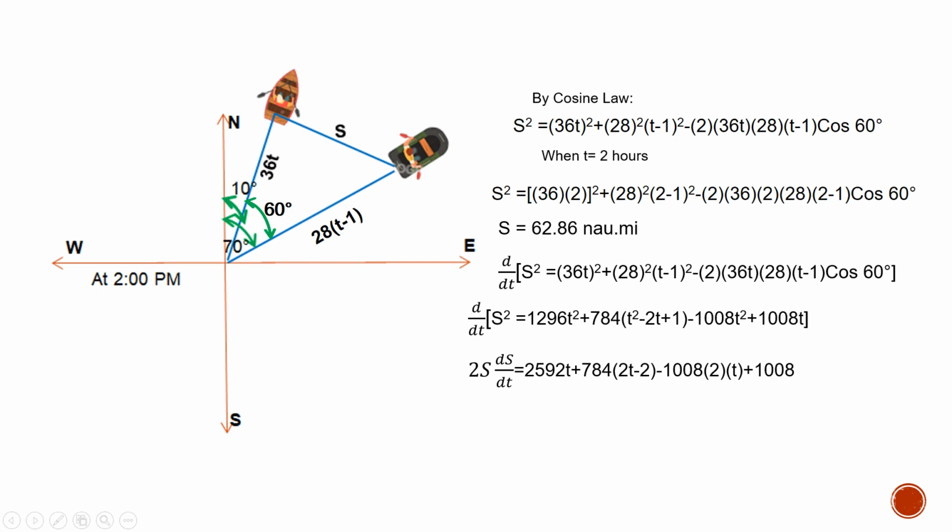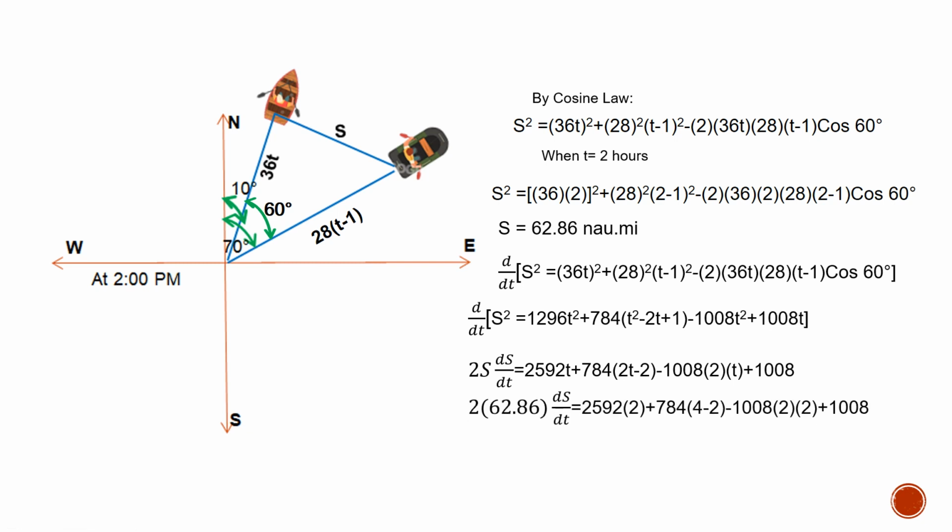Inner term, 2t. Okay? First term, 2t. Minus 2. 0 na yung 1. Okay? Then minus 1008. Baba yung 2 dito times 2. Mabawasan ng isang exponent. So that will become t. And then plus 1008. So tanggal nyo yung t because that is differentiate to dt over dt.